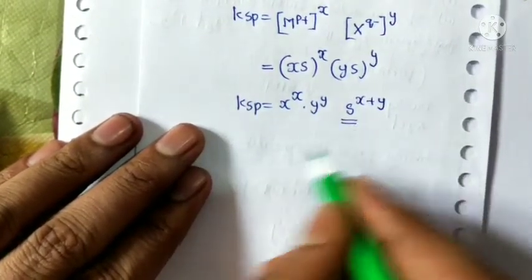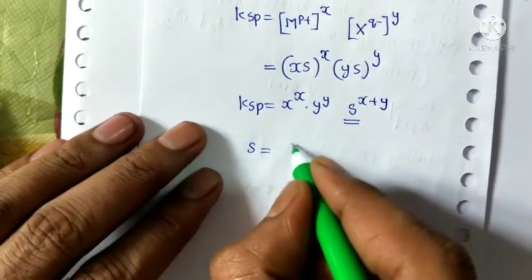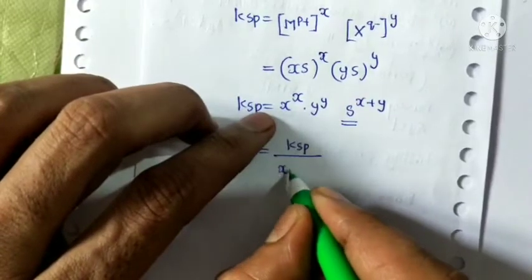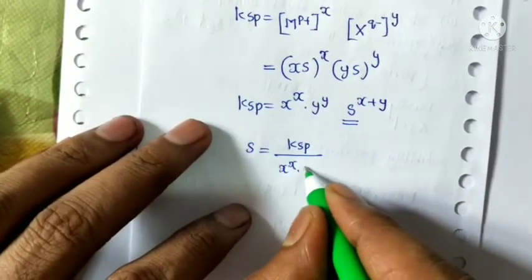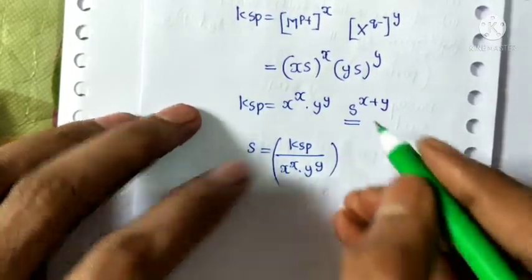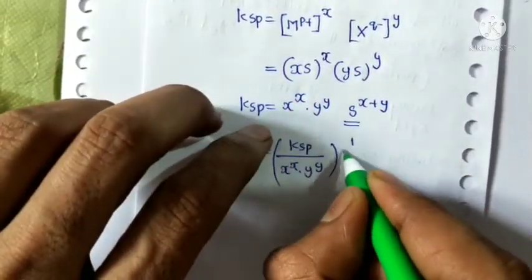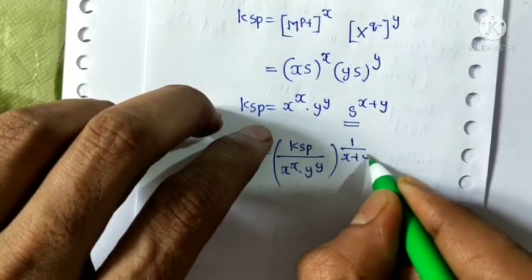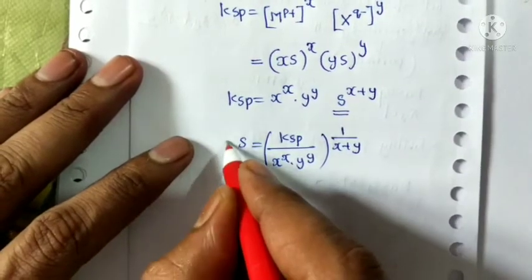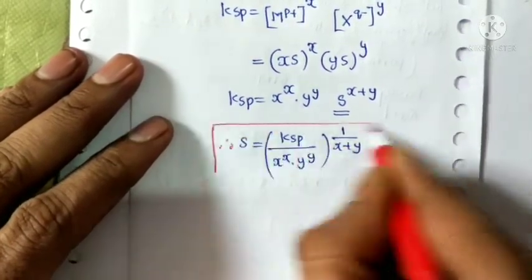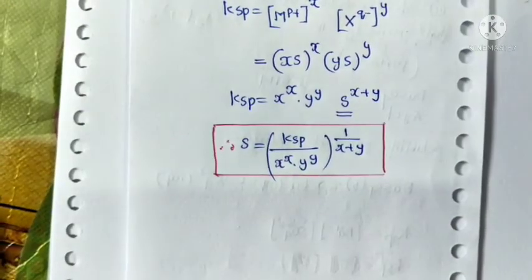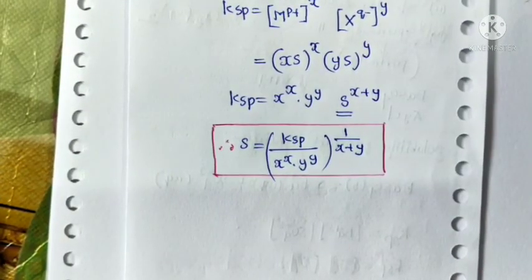From this we can calculate s: s means KSP divided by x power x and y power y, whole to the power of 1 by x plus y. So this is the information about the solubility product of different types of salts. From this solubility product we can calculate the solubility of different types of salts.